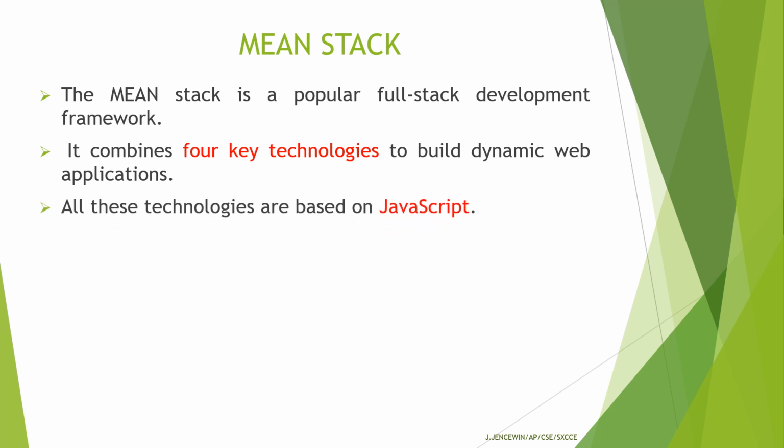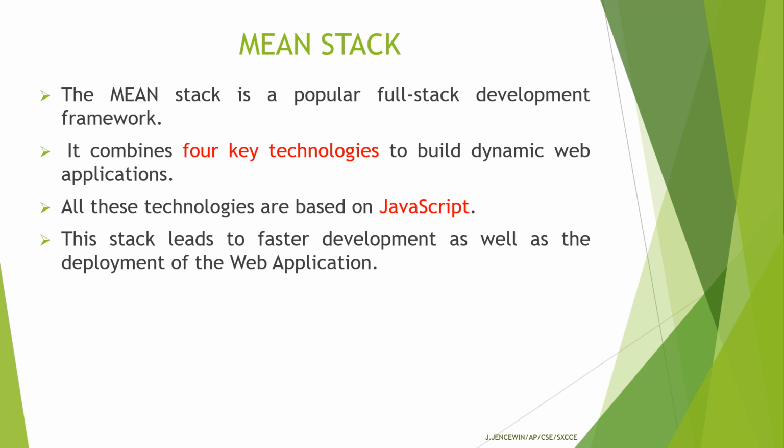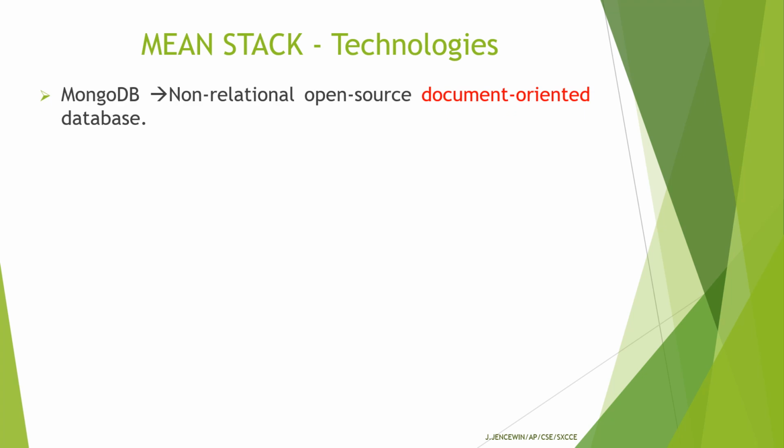All these technologies are based on JavaScript, so this stack leads to faster development as well as deployment of the application. These are the technologies that we use in the MEAN stack.